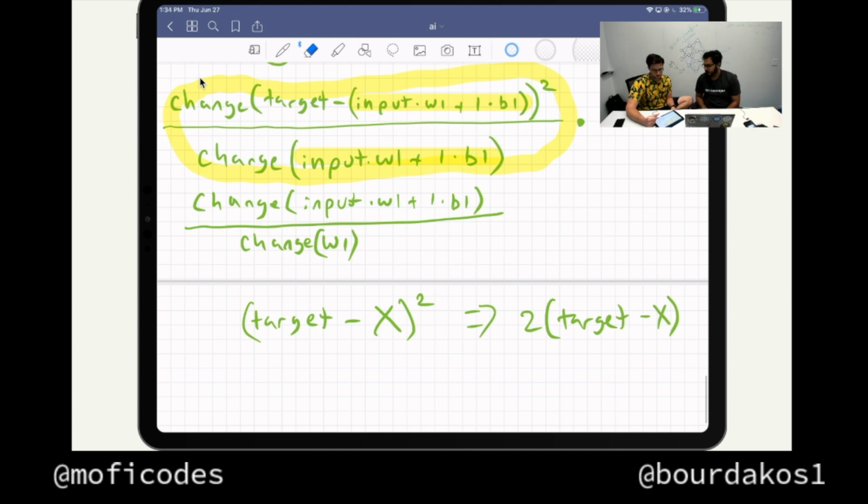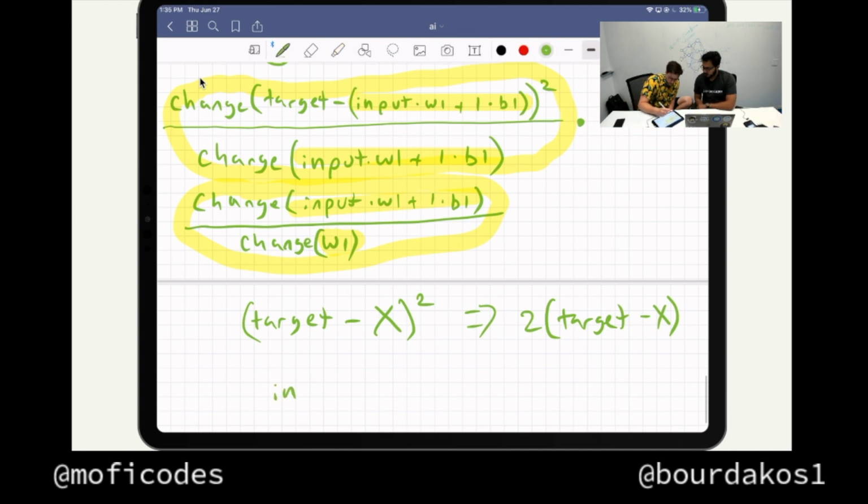So we end up with 2 times the target minus x as this first value, and then we need to multiply it by this second value. We've replaced this whole highlighted part, substituting W1 for x.